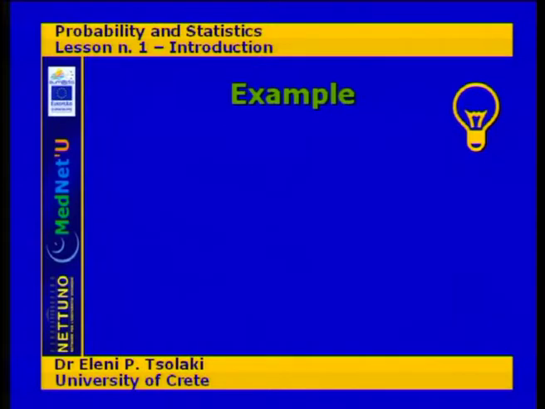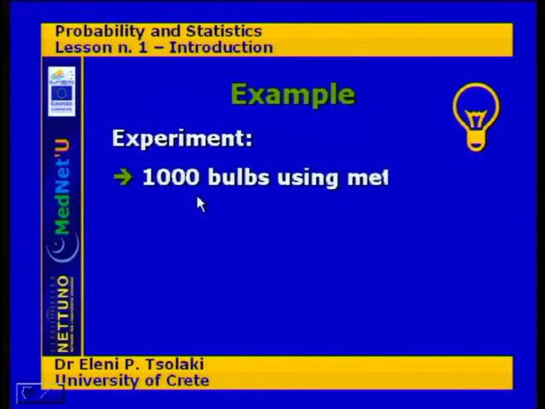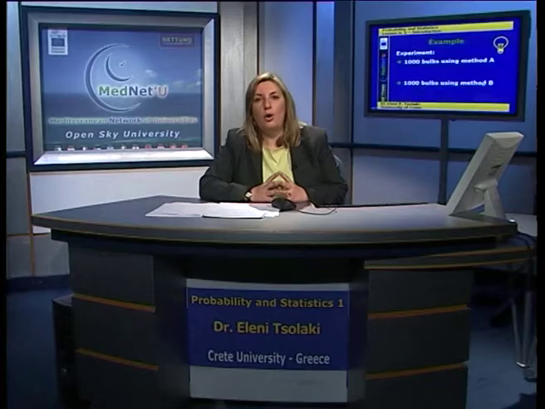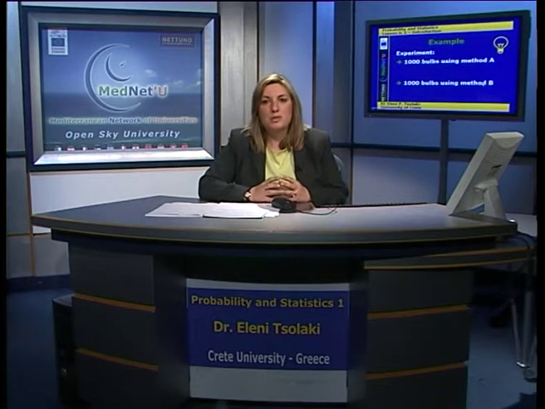In this case as well, the experiment is that we have 1,000 bulbs which were made using method A and 1,000 bulbs which were made using method B. We have only two groups.